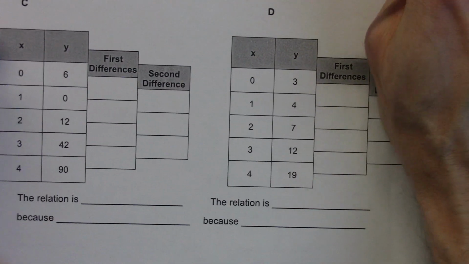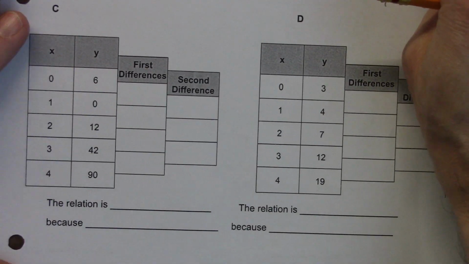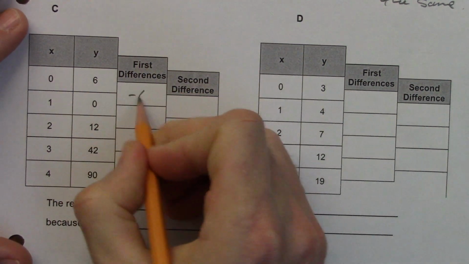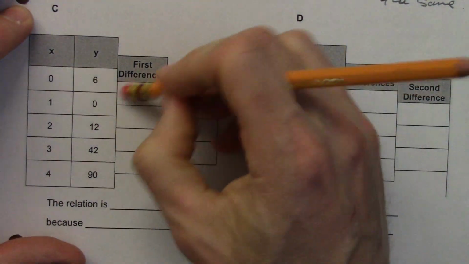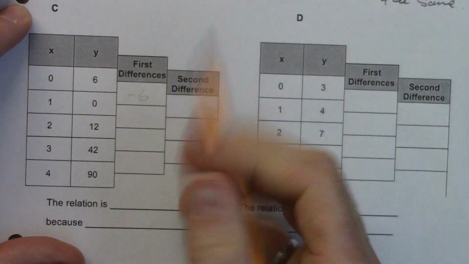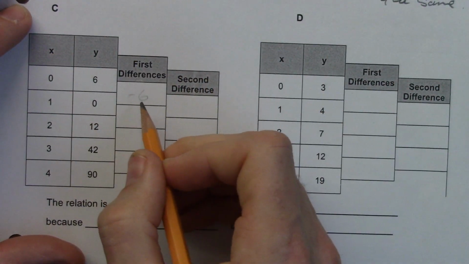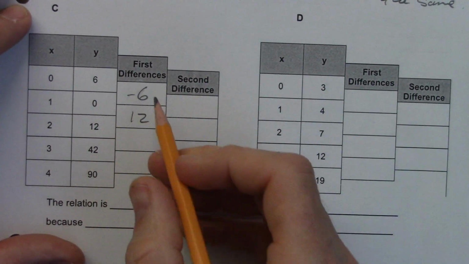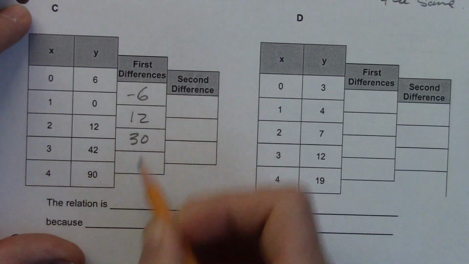Okay, C. First differences. I'm assuming we're going to get a quadratic here eventually. 0 minus 6 is negative 6. 12 minus 0 is 12. 42 minus 12 is 30.